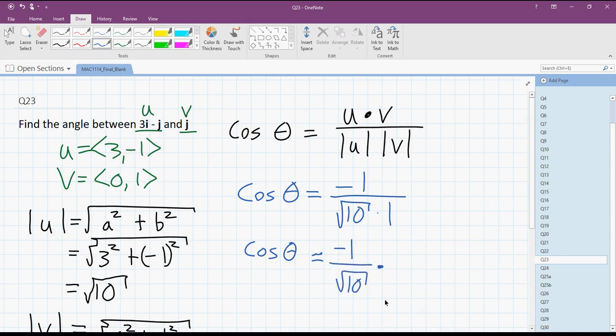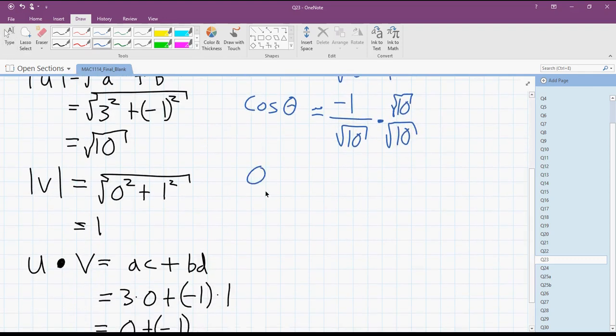Now let's rationalize. So we multiply top and bottom by the square root of 10. And so cosine theta really equals negative square root of 10 all over 10. So how do I figure out the angle now? Inverse of cosine. You got it.